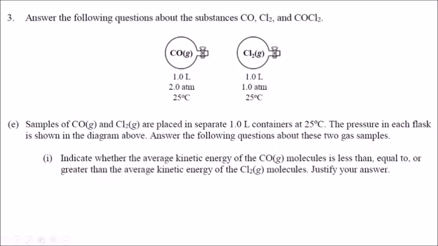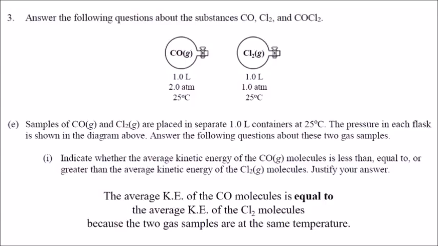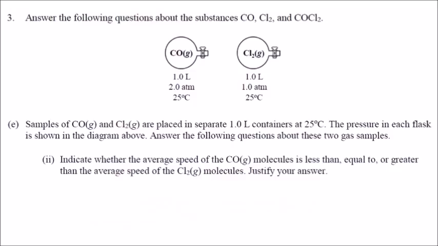The next part asks us to indicate whether the average kinetic energy of the carbon monoxide molecules is less than, equal to, or greater than the average kinetic energy of the chlorine molecules. Well, these two containers are at the same temperature, therefore the average kinetic energy of each gas is the same. So they are equal because they are at the same temperature. Now what about the average speed?